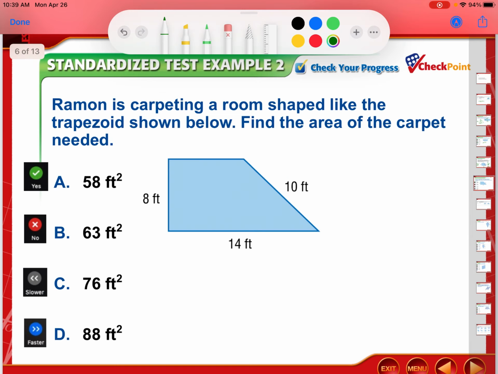Okay, then you would do this one on your own. We would follow the same practice where we drop in this line at a 90-degree angle. Well, to be fair, I'm not entirely sure they gave us all the information we need here.